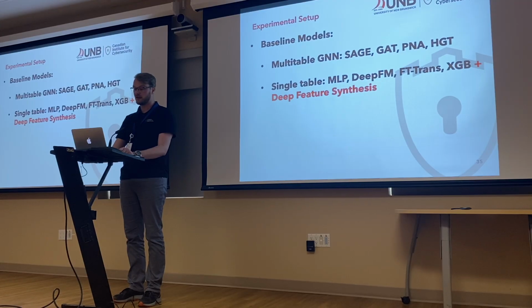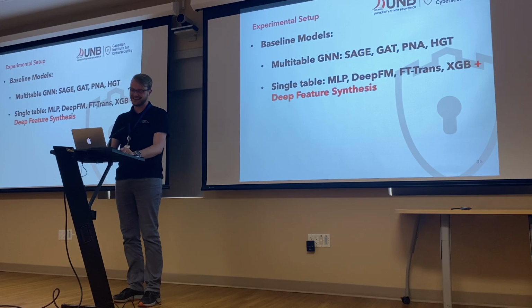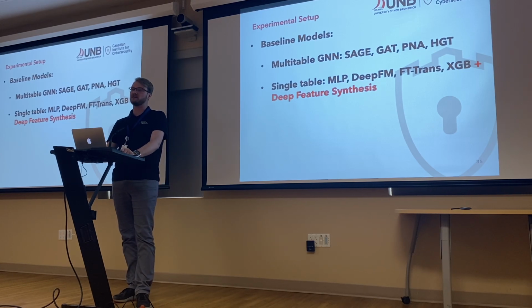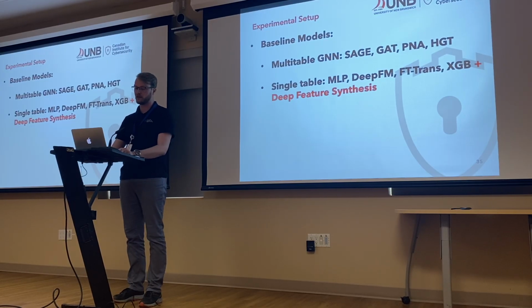For the single table setting, they use a multi-layer perceptron, DeepFM, FT-trans, and then XGB. And then for all of these methods, I guess they use deep feature synthesis. Not too sure what that is off the top of my head, so don't ask me. But I know that it improves the performance of all of these other models used on the single table setting, just so that it's actually a fair comparison.